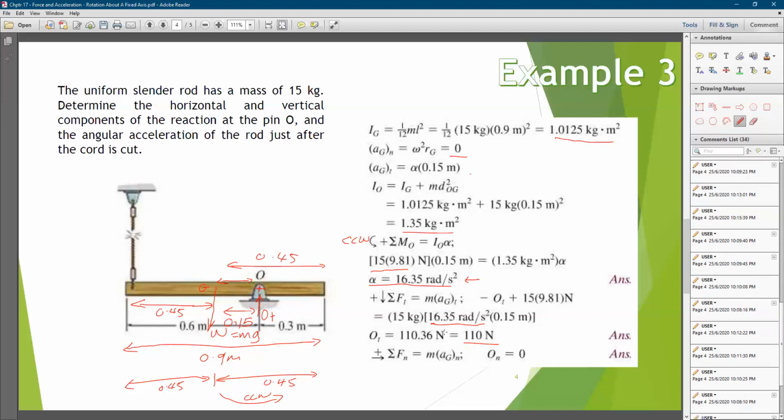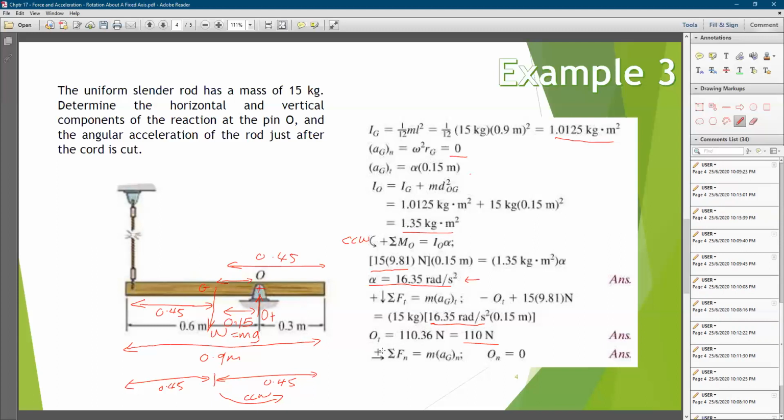Last part, we want to check whether we have any normal reaction forces in the pin. Here we solve the summation of normal forces.